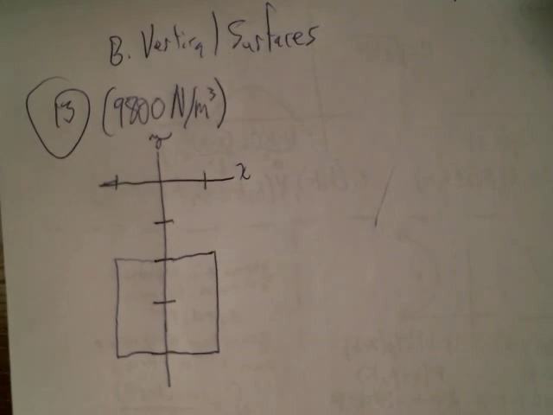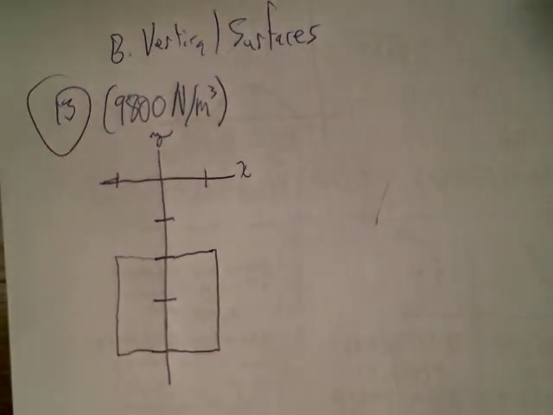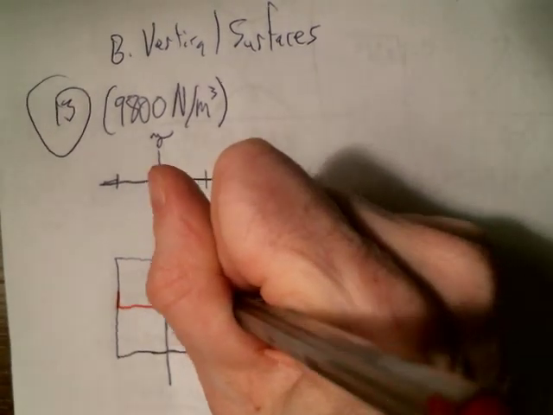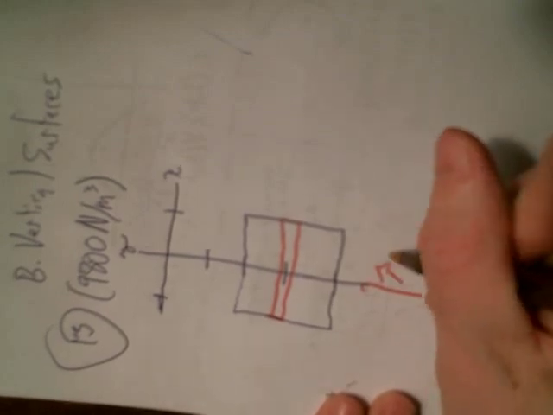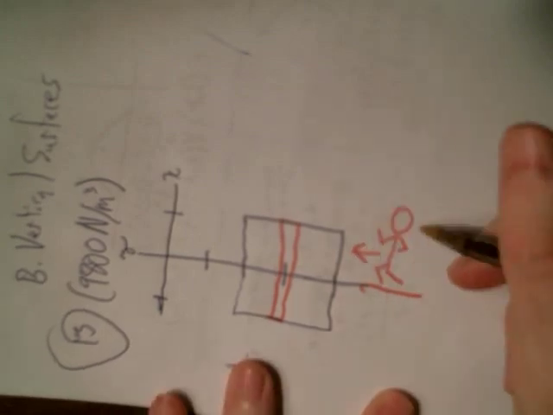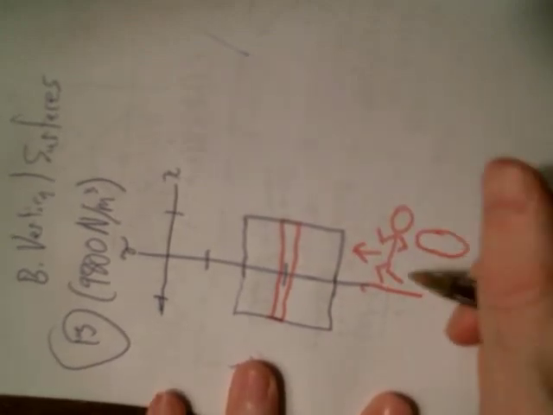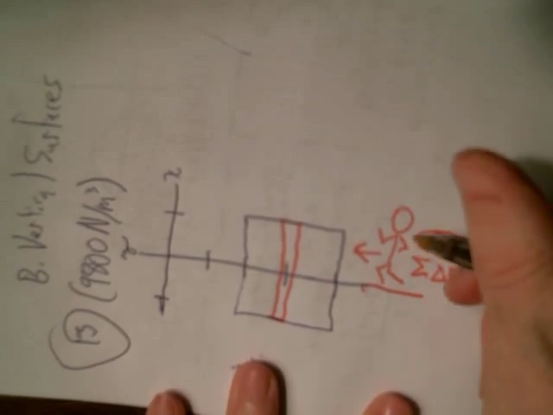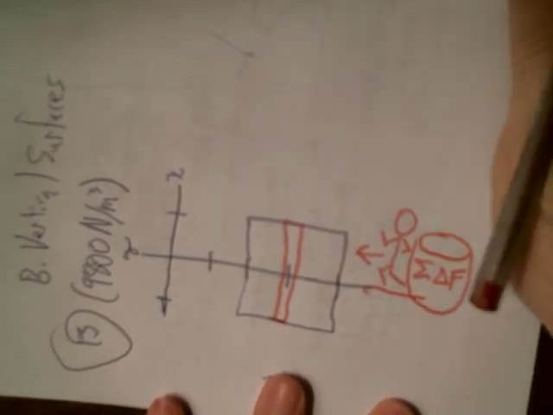So what you'll do is chop it up into a bunch of little rectangles and find the fluid force on each particular rectangle, and then send your running man in this direction, collecting up the fluid force increments in his bag.